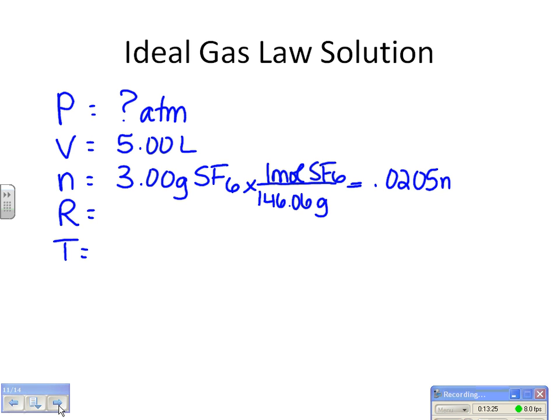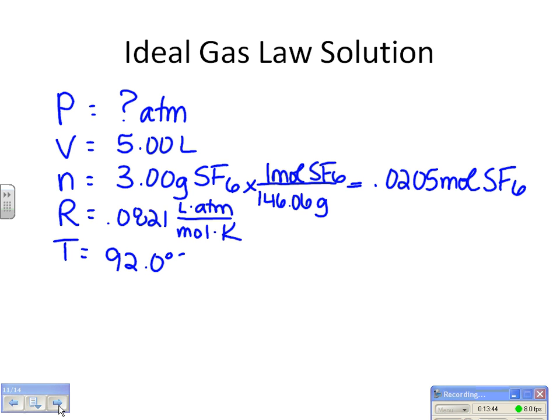She divided, grams canceled, and we now have moles of the compound. R is 0.0821 liter atmospheres over mole Kelvin. Memorize that number. We use it a lot. And temperature is 92.0 degrees Celsius, and we have to change it to Kelvin: 365 Kelvin.